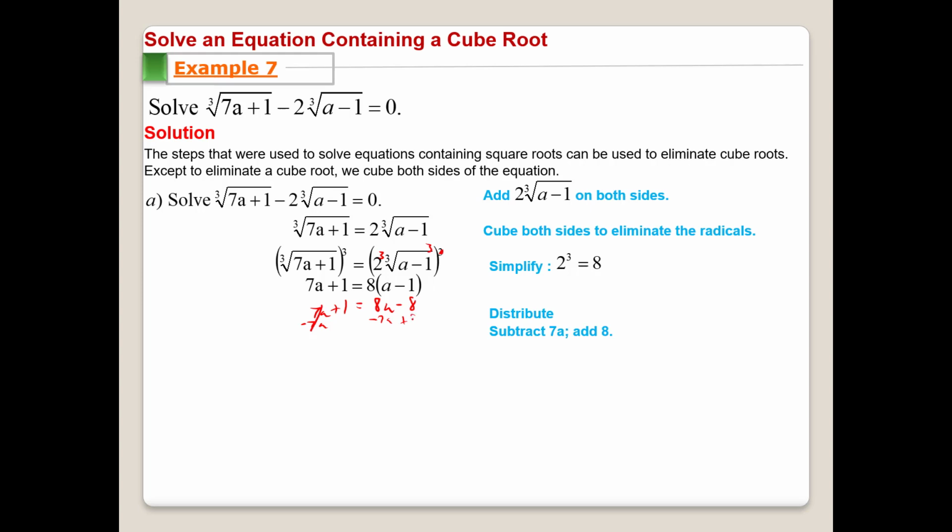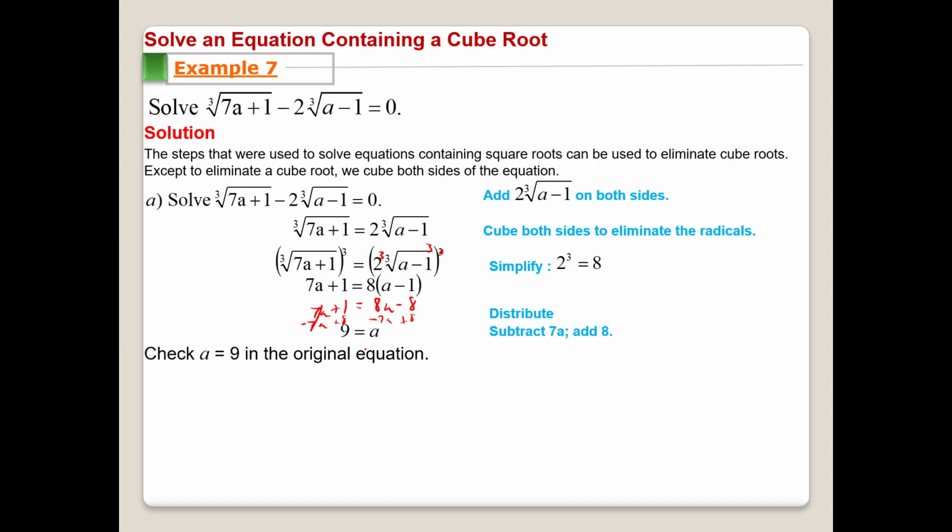And we can add 8, so we have a on one side and the numbers on the other. We should get 9 on the left, and 8 minus 7 is 1, so we just get a. So 9 equals a is what we got.